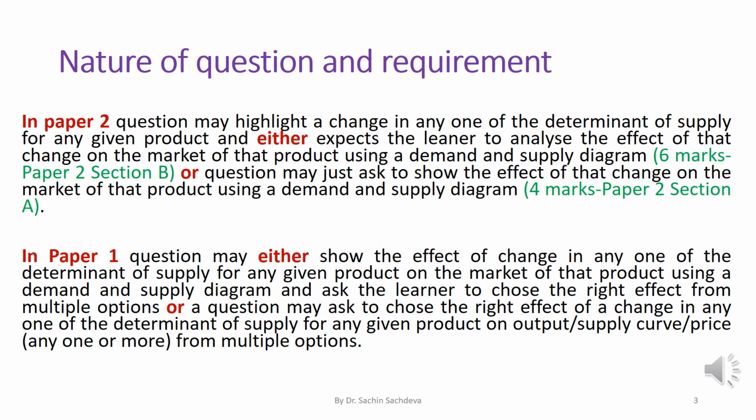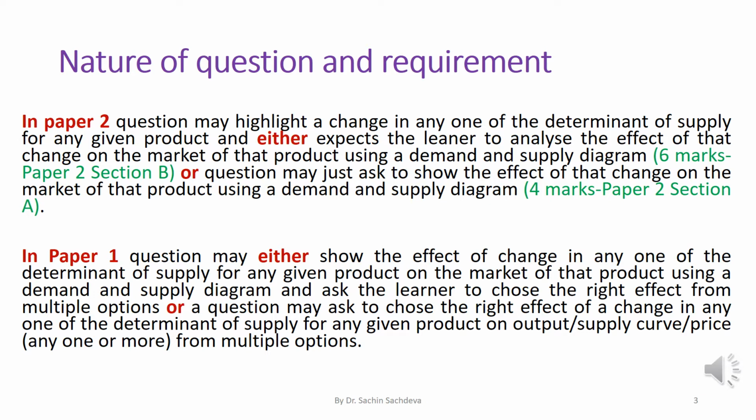Guys, in paper 2, the question may highlight a change in any one of the determinants of supply for any given product, and either expects you to analyze the effect of that change on the market of that product using a demand and supply diagram. In that case, the question may be asked for 6 marks.